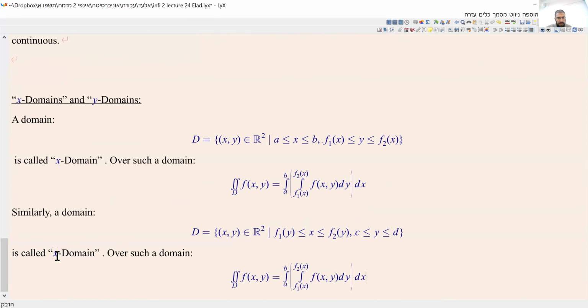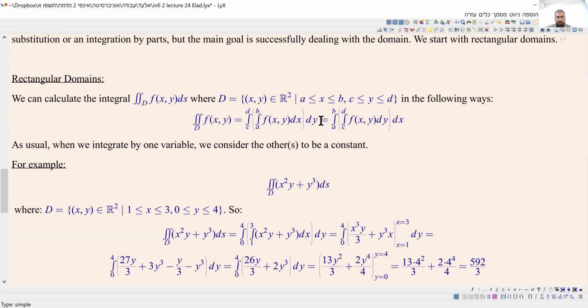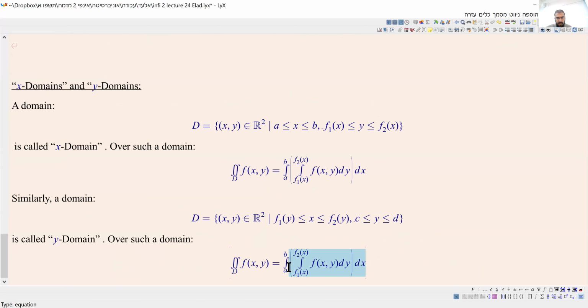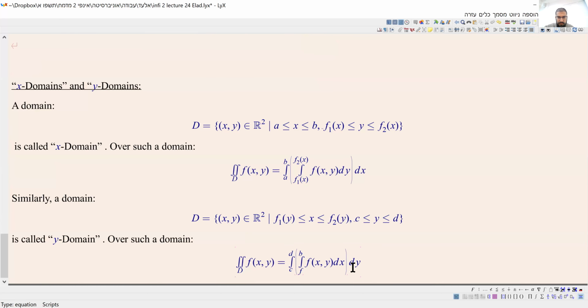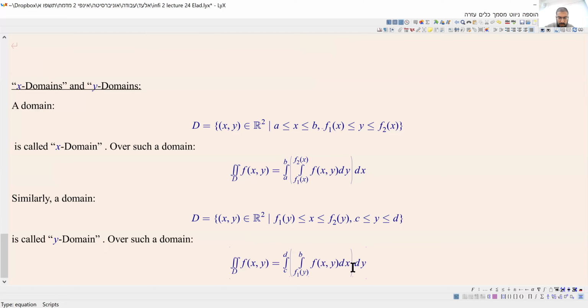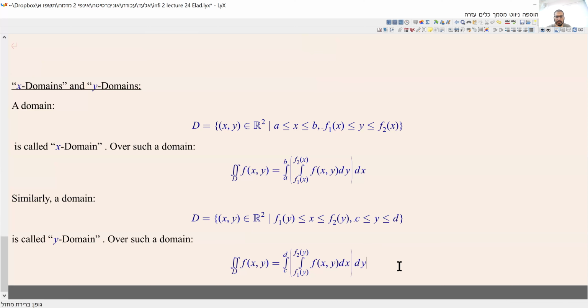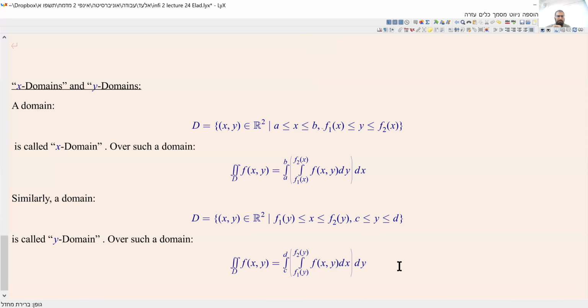Over such a domain, we can only use the following way. First, integrate by x, and then calculate the integral by y.